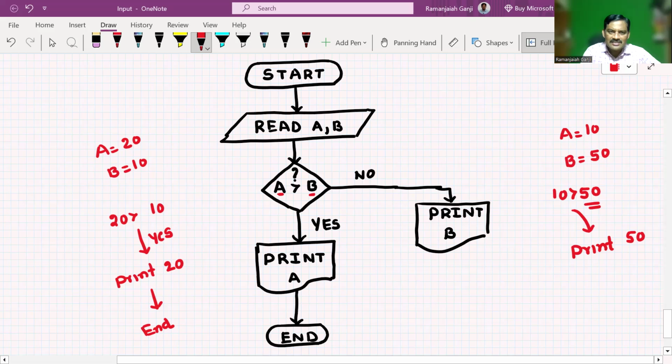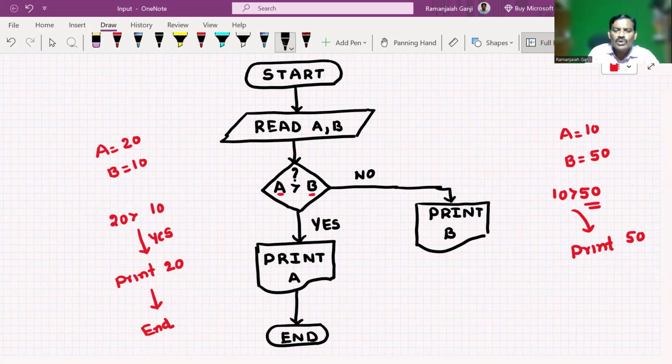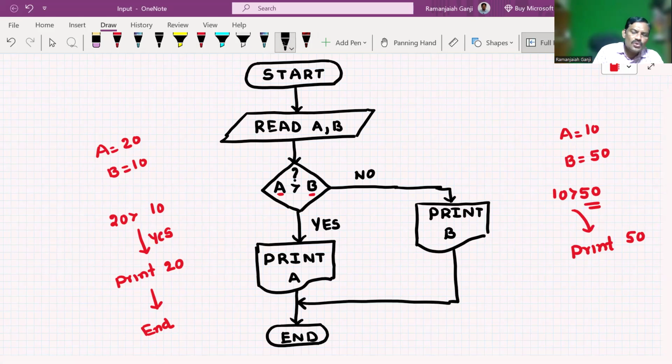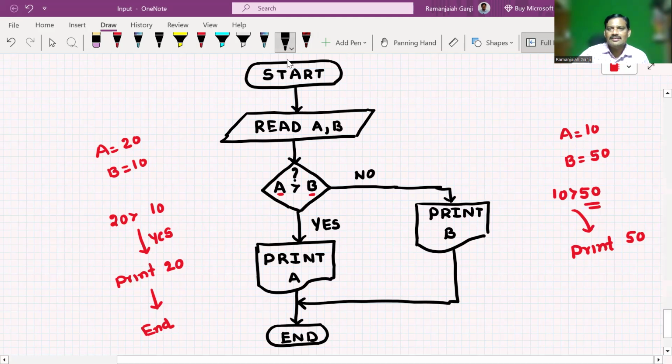Is there any connection between print B and end? No, this program will not be terminated. That's why after printing B, you have to connect this process to end. I told you, for every flowchart we have only one start and one stop. Okay, that's all.